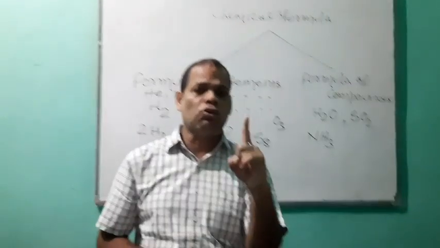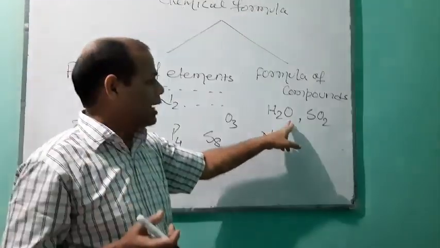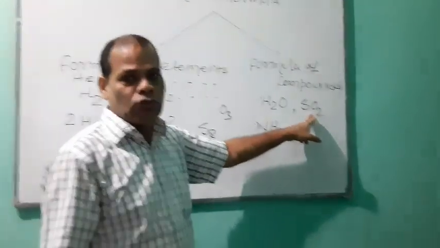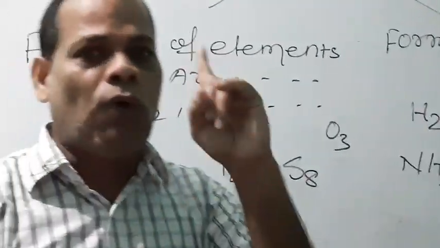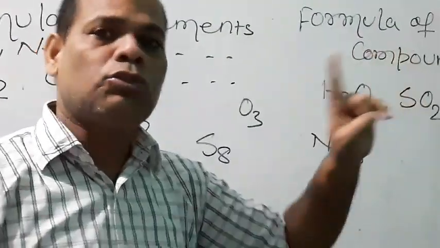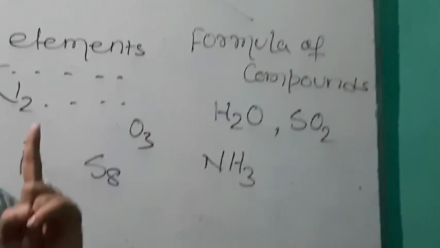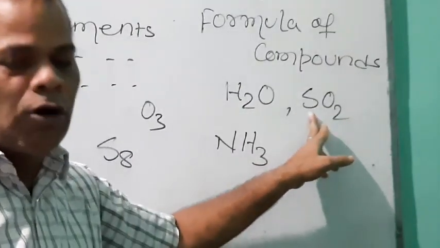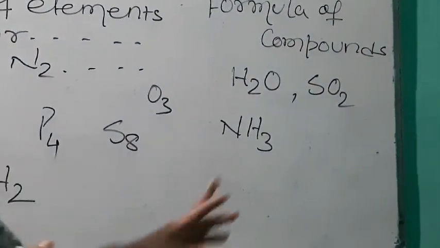SO2, sulfur dioxide: in 1 molecule of sulfur dioxide, 1 atom of sulfur and 2 atoms of oxygen are present.